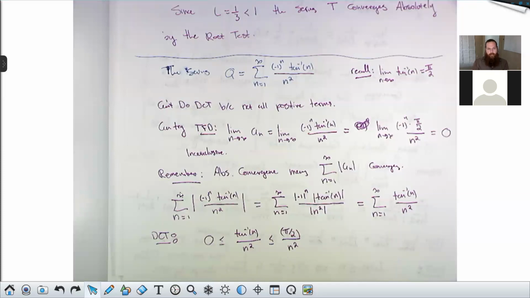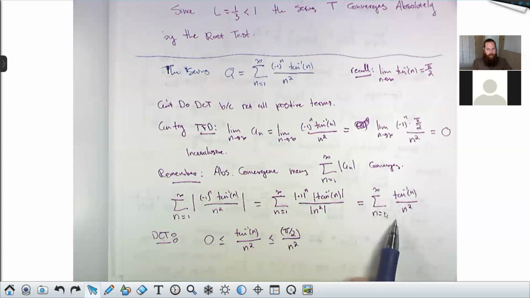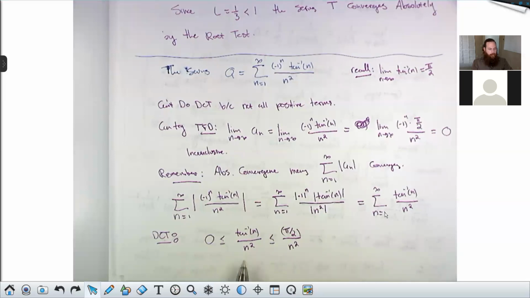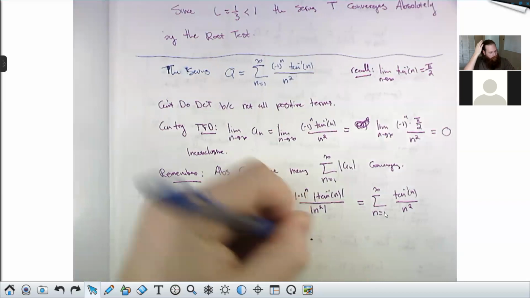So I take absolute values inside the series, and I get this. And this guy I can show to converge using the direct comparison test. So I have this inequality.